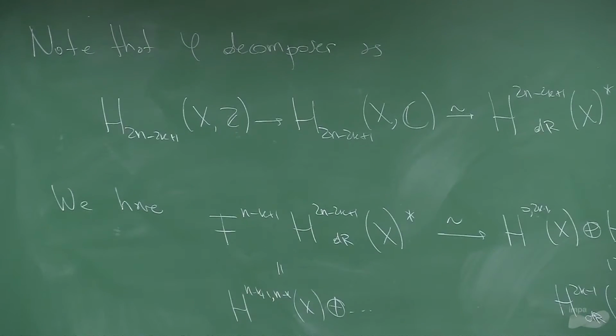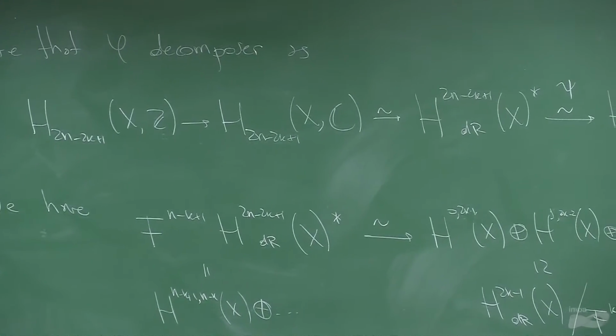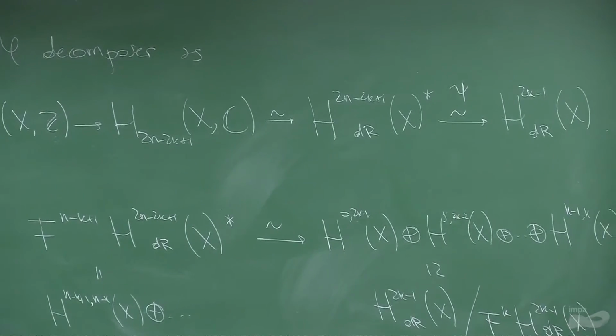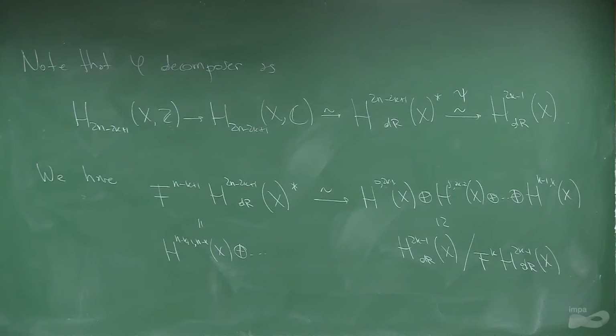So the intermediate Jacobian J^{2k-1} of X is isomorphic to F^{n-k+1} H^{2n-2k+1} de Rham of X dual, mod some lambda, I mean mod the image of H_{2n-2k+1} of X with integer coefficients inside this thing.